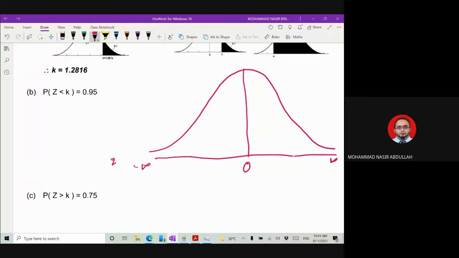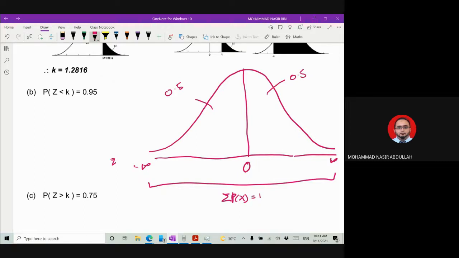So we know that the total area under the curve is equal to 1. The area on the right hand side is 0.5. Area to the left hand side is 0.5. Right? So this is the basic concept.